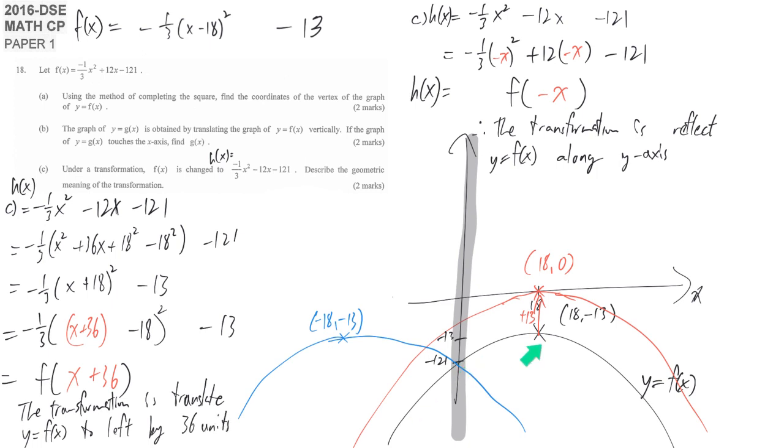From this graph and also from the function, the transformations here give exactly the same outcome. Both of them give you the same image, which is the blue line here. To conclude, in part C, if you need to know the geometric meaning of the transformation, you must try to express the new function in terms of f(x). Then by observing f(x), you know how it transforms.